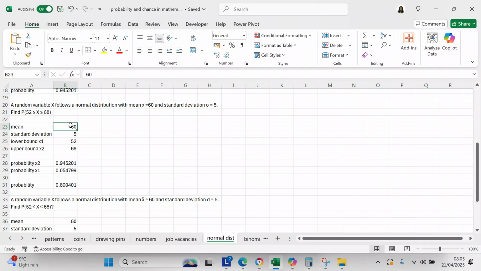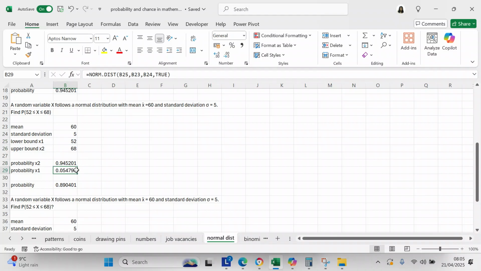So your mean is 60, your standard deviation is 5, your lower bound is 52 and your upper bound is 68. So we find the probability of the upper bound, which is NORM.DIST brackets B26, comma, B23, comma, B24, and TRUE, which means it gets your CDF.